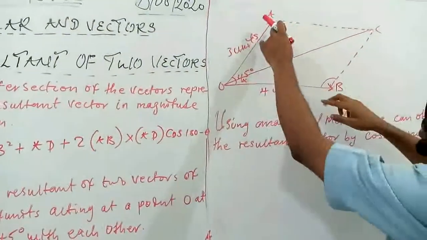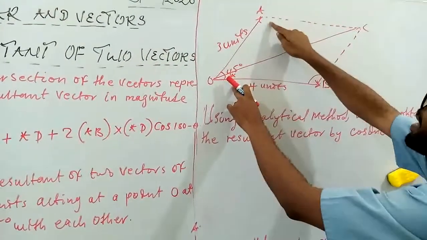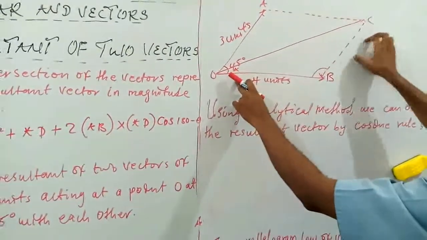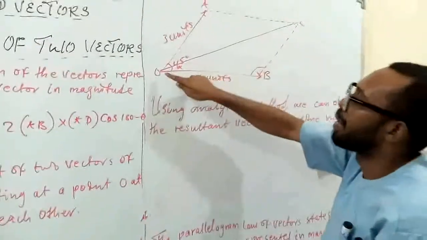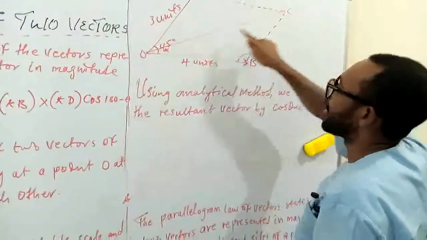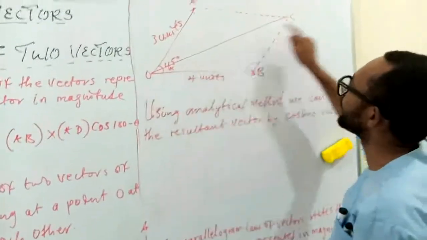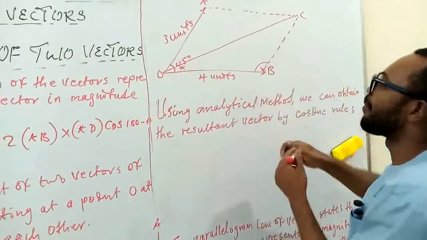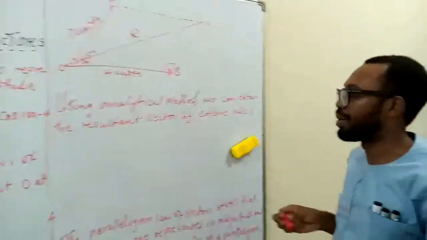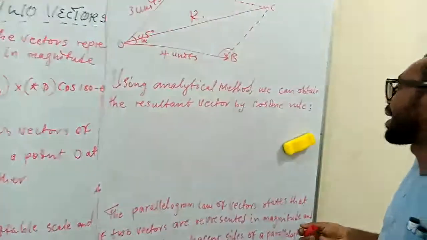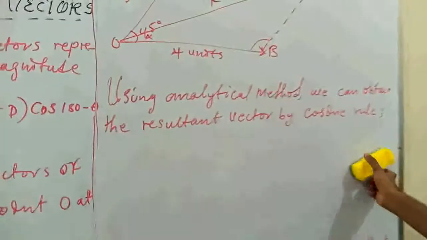So from these two vectors, I can now highlight this, trace it to bring out a parallelogram. Now from the parallelogram, I will trace the diagonal which is OC. Now it's the diagonal that will form the resultant of this vector arrow. It's the diagonal. So using analytical method, we can obtain the resultant vector by cosine rule.